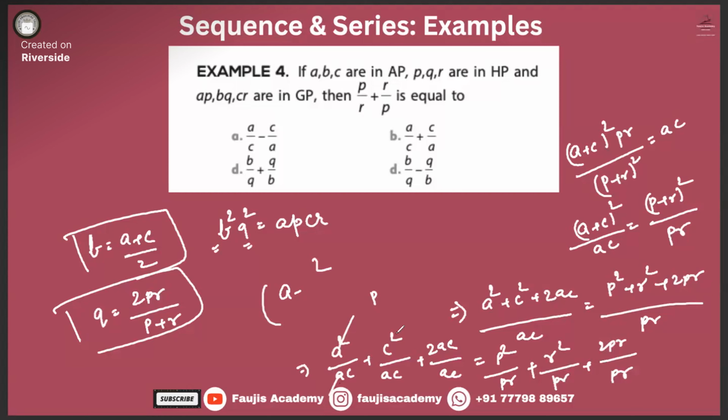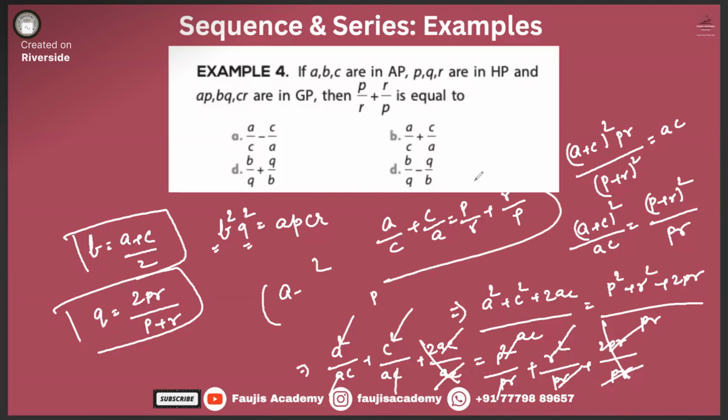These two got cancelled. What we are left with? A by C plus C by A, which is equal to P by R plus R by P. This is what they have asked.